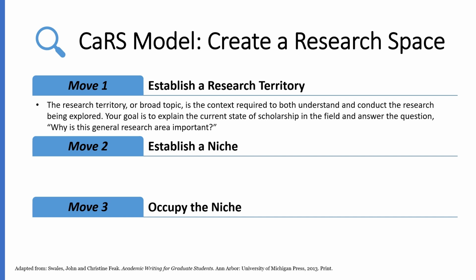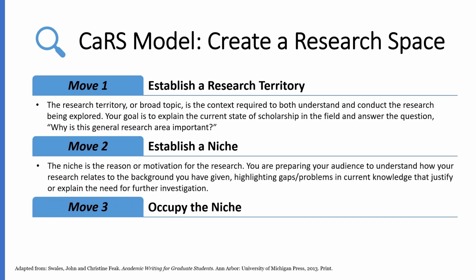And your goal in this move is to explain the current state of scholarship in the topic, in the field, and answer the question, why is this general research area important? Later on, I will be giving an example of how we can establish a research territory.